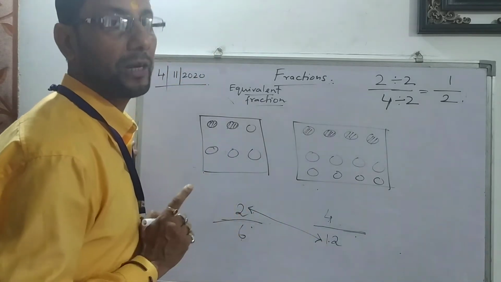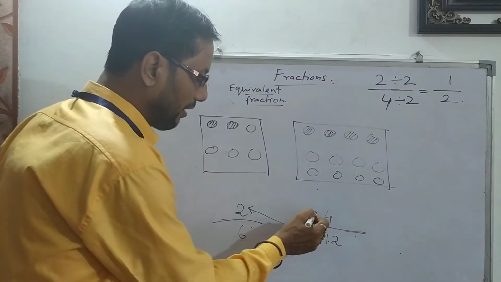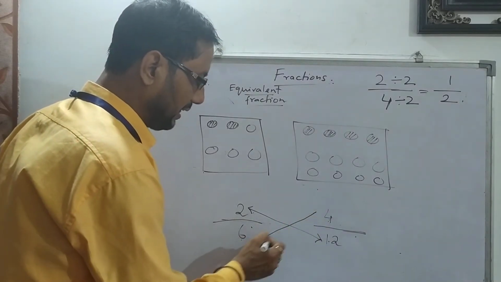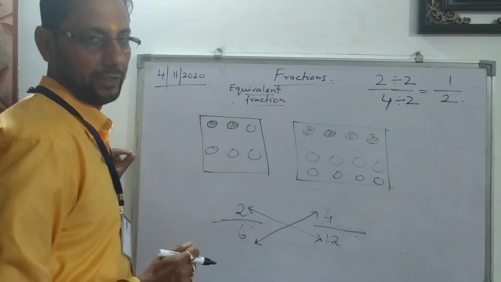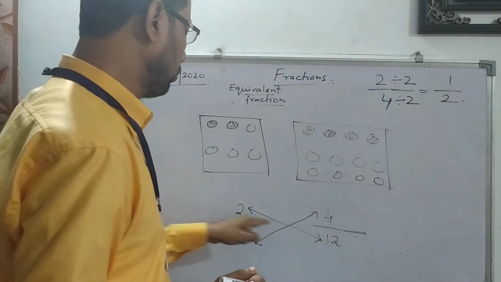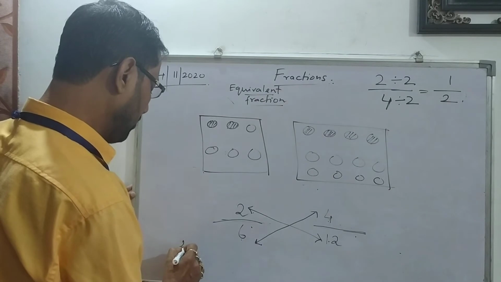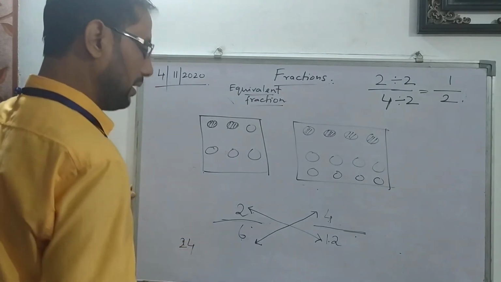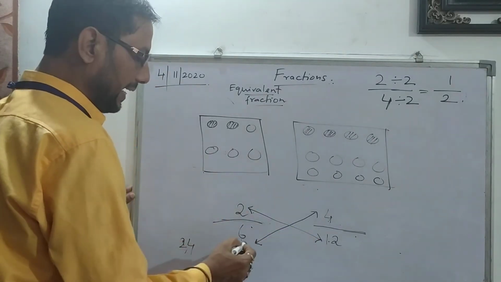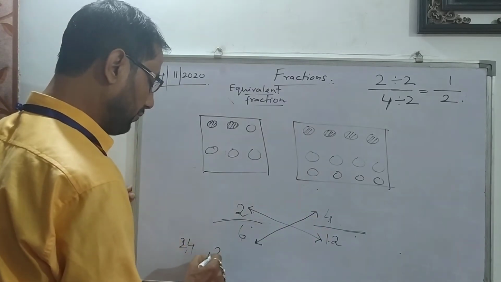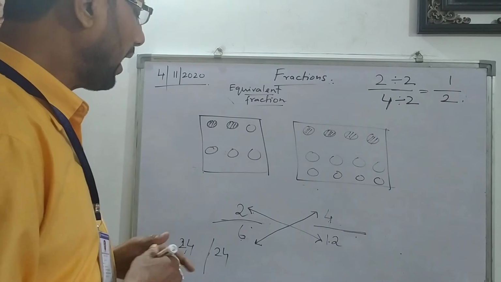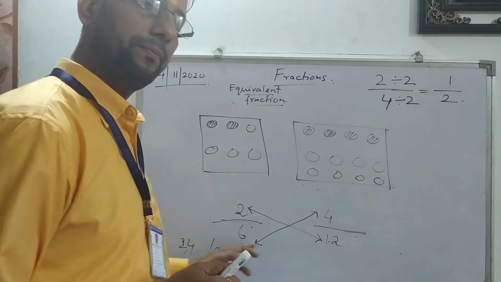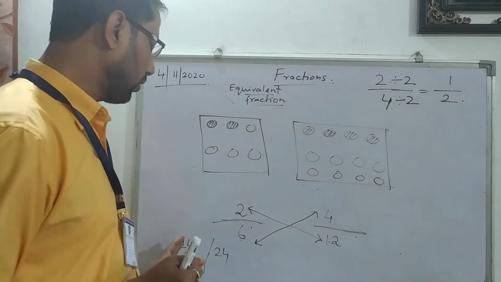We say cross multiplication. And I'll multiply 4 and 6. See, these two lines cross with each other. That's why we say cross multiplication. So, 2 12s are 24. Again, 6 4s are 24. See, in both the cases, I got 24. When I do the cross multiplication, in both the cases, I got 24.